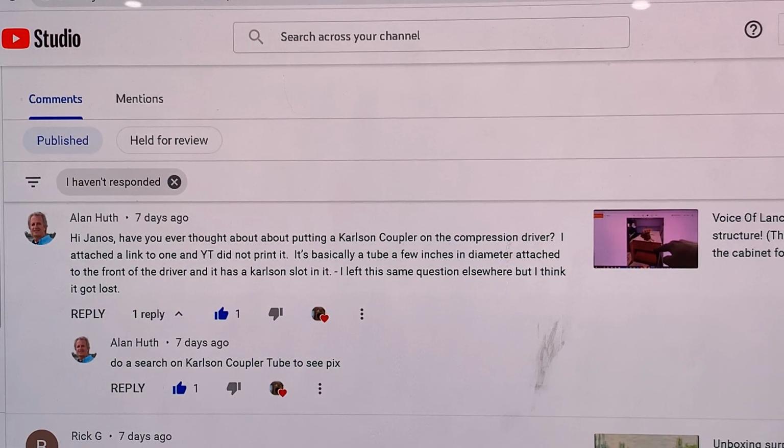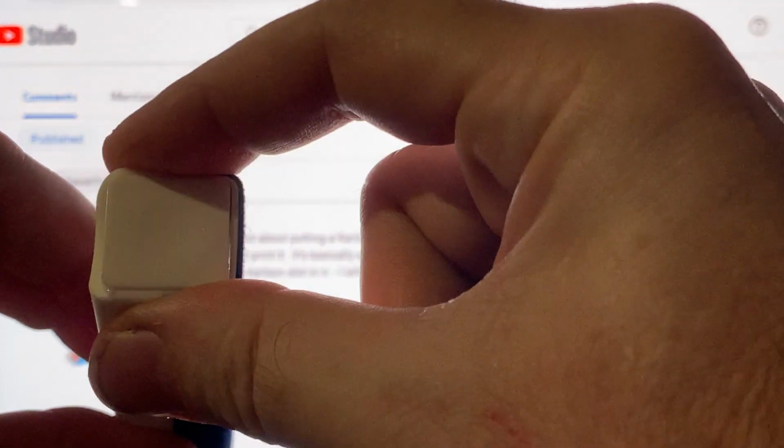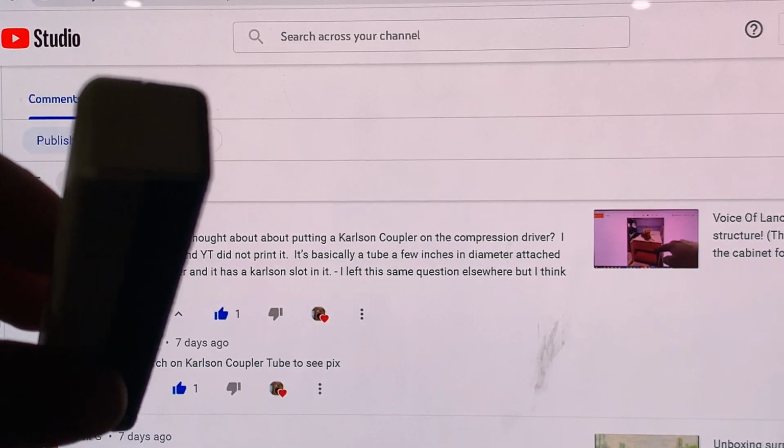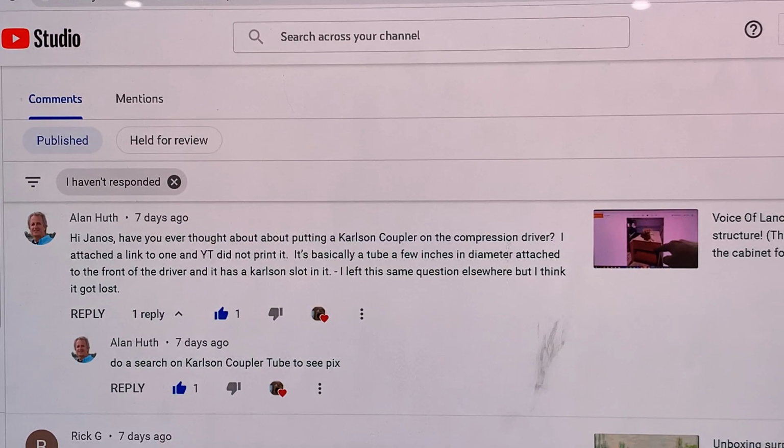And what we will get is that the sound will be restricted, as the lowest frequency will be defined by the mouth of this Carson coupler, and the high frequencies will be defined by the width of that Carson coupler. So if I did that, it would add quite a few dB efficiency for a very narrow range of sound.